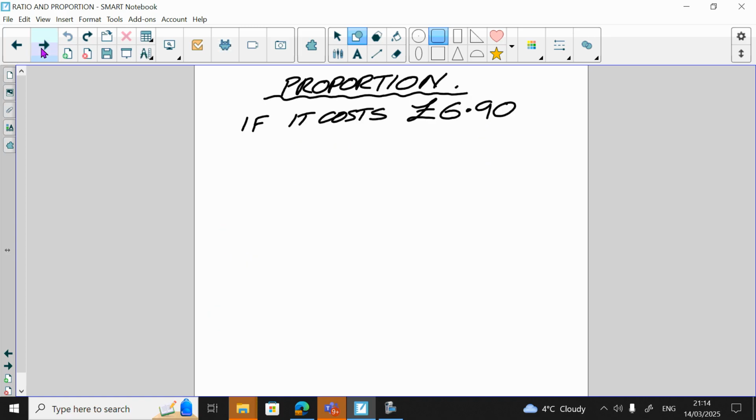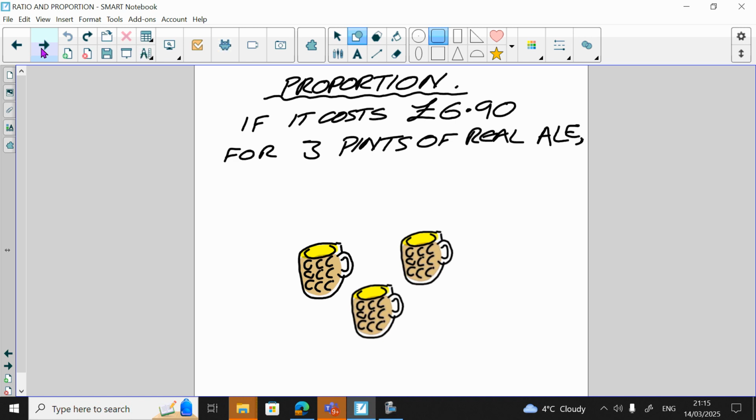Okay, so let's go for another example. It costs £6.90 for 3 pints of real ale. I don't care what real ale is, really. It's like a jug of chocolate with a lemon mousse topping.